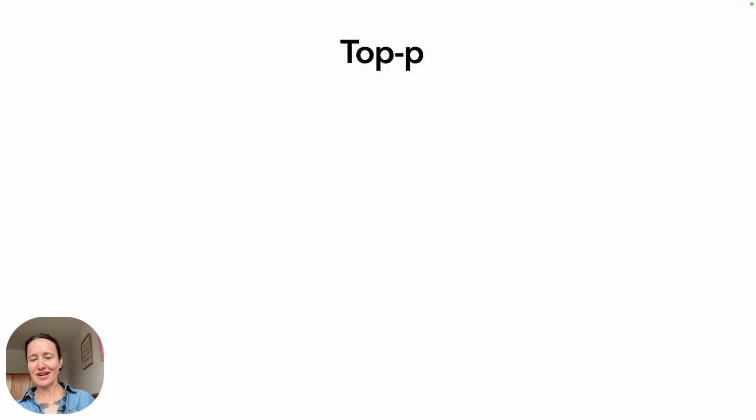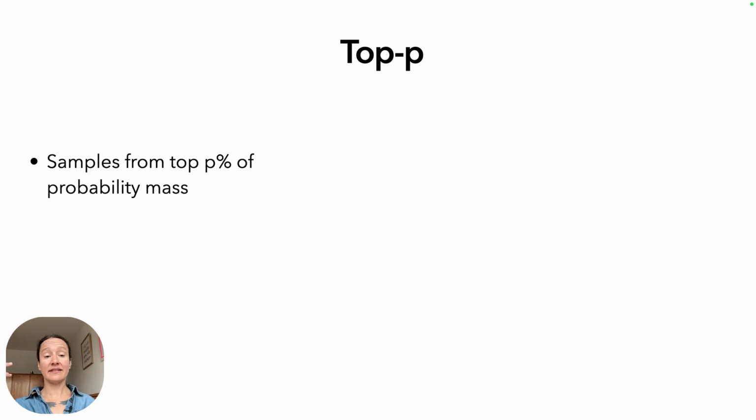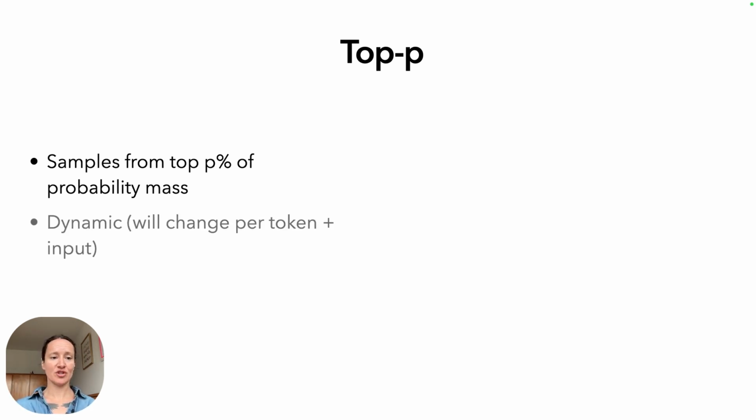All right, so let's go into the other things. You had some fun with temperature. Let's talk about top P. Top P is sampling from the top P percentage of the probability mass, so that means between 0 and 1, with 1 being 100% and everything else being some version of that. The cool thing about top P, and why I recommend tinkering with it for your use case, is that it's going to change per token.